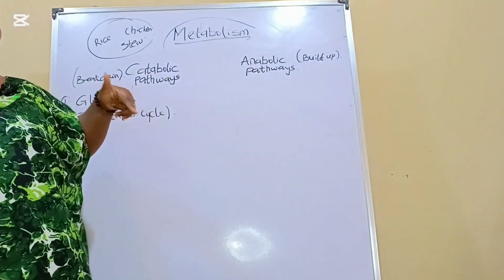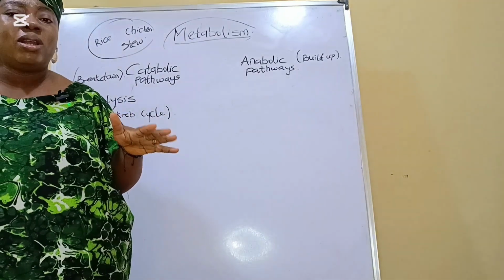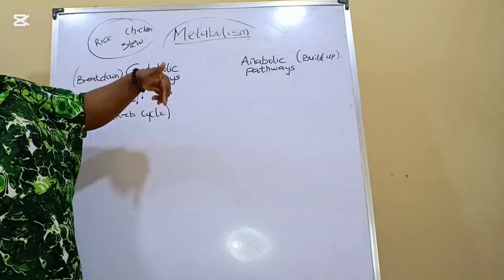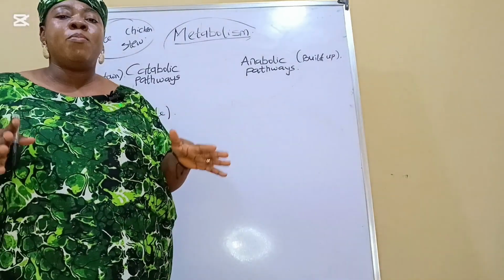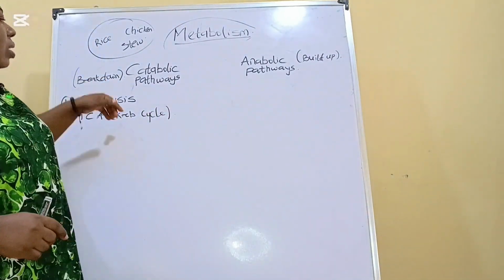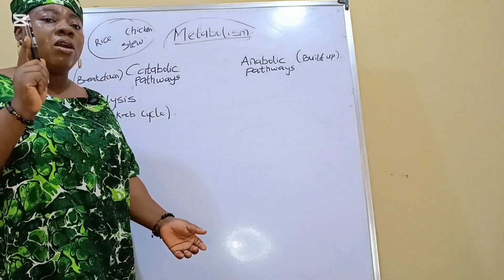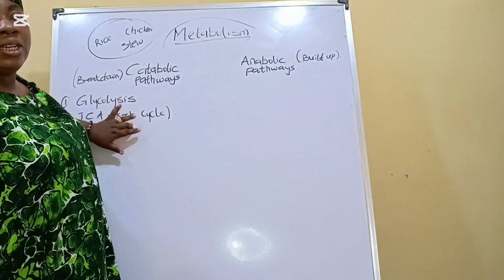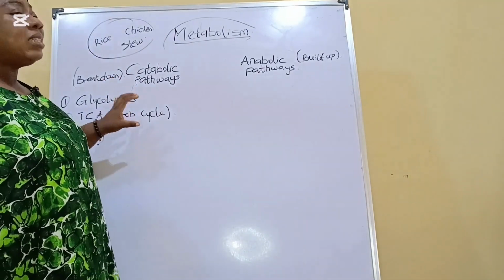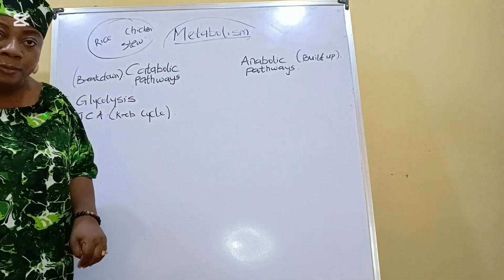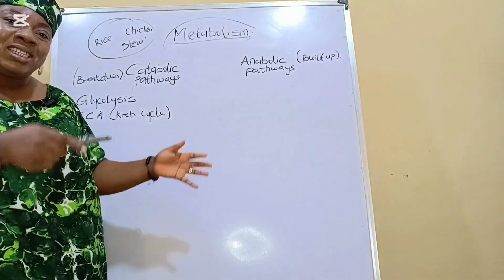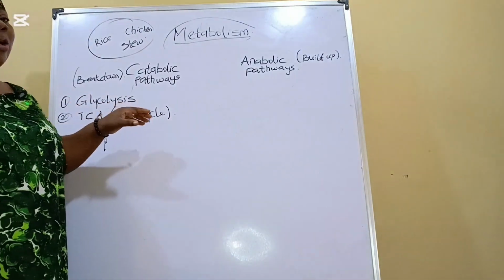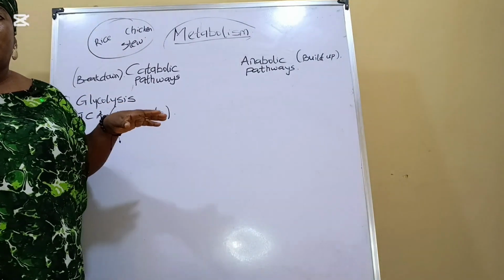Please go to that glycolysis class so that you understand my explanation, and also the integration parts. So the acetyl CoA gotten from the enzyme complex will now enter this cycle. The acetyl CoA will be broken down to also give us energy. So that's number two under the catabolic pathways.